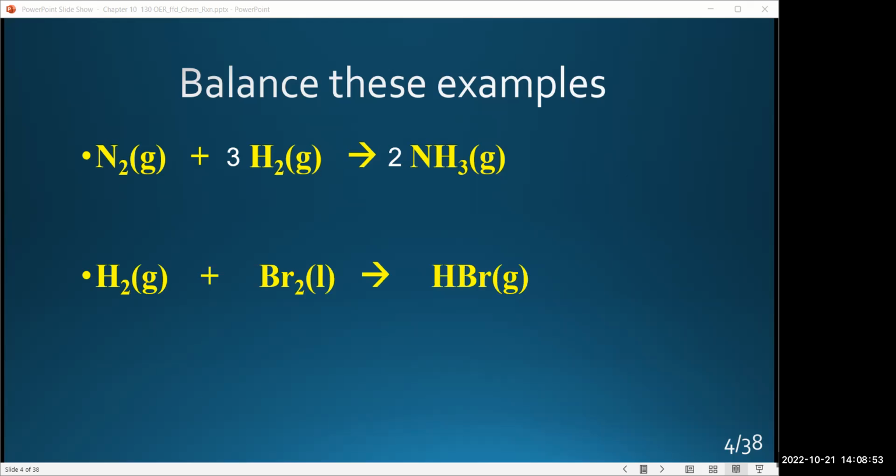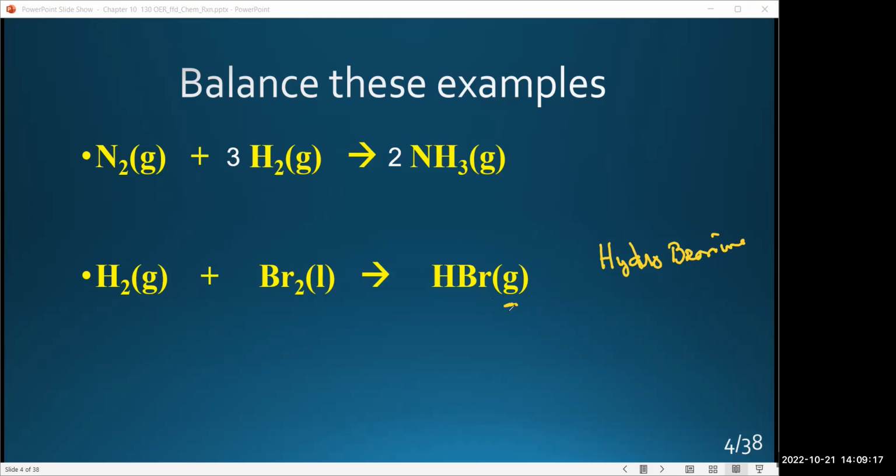All right, now we have this one here. We have hydrogen in the presence of bromine, okay, reacts to give hydrogen bromide. Okay, notice there's something here. This being a gas, this is for nomenclature, hydrogen bromide.